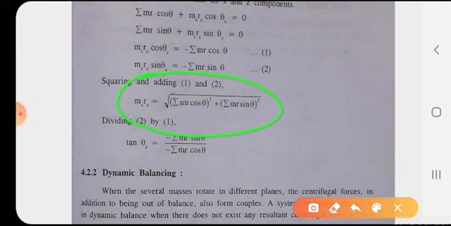Dividing 2 by 1, we get tan theta c equal to minus summation of mr sin theta divided by minus summation of mr cos theta.